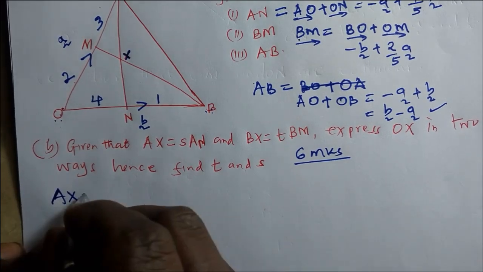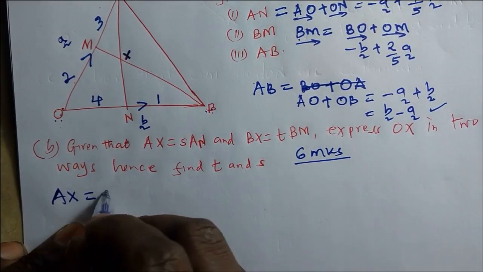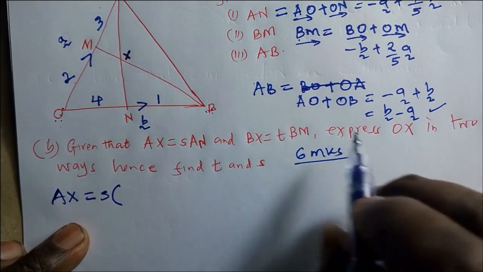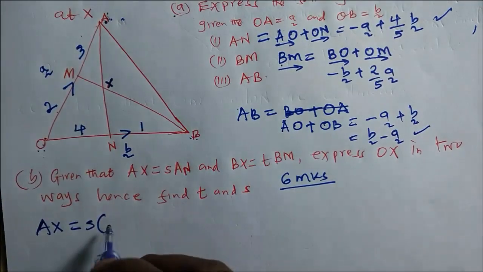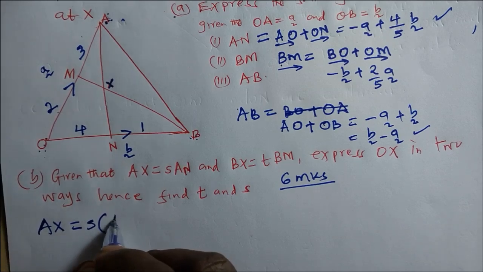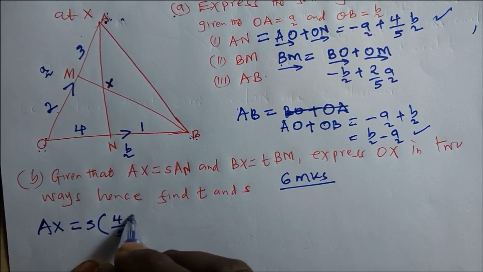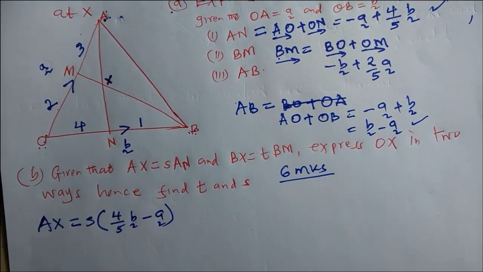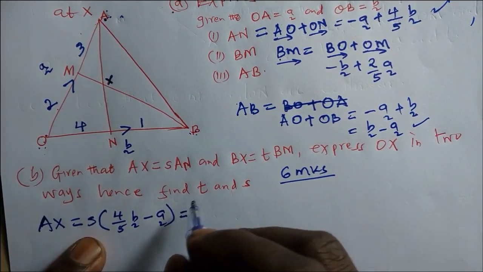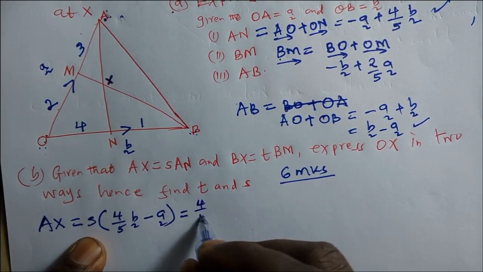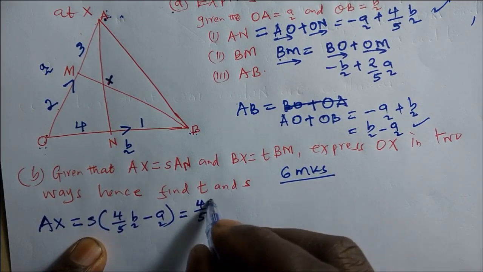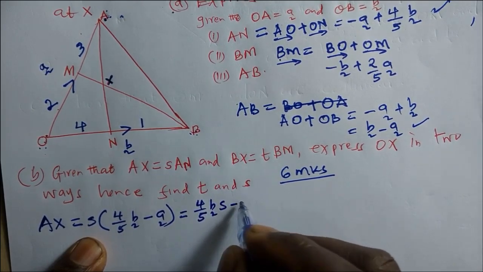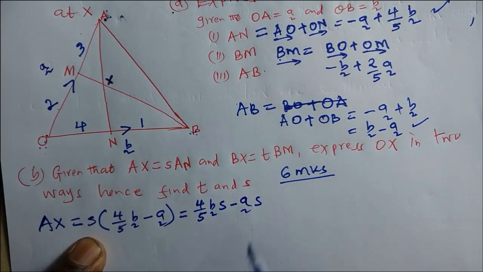So AX is equal to S into AN, but we have AN, which is 4 over 5 vector B minus A. So this one, AX will be 4 over 5 vector BS minus AS.